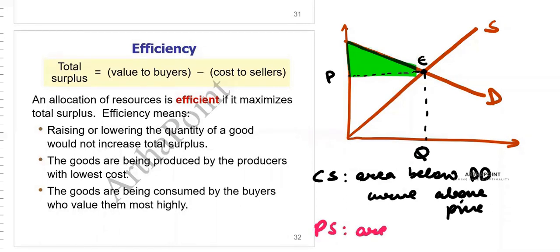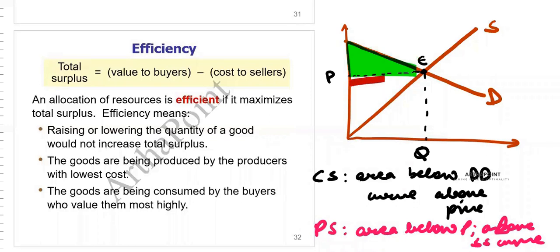It is the area below the price and above the supply curve. And if I look at these two things together, then this will be my total surplus.